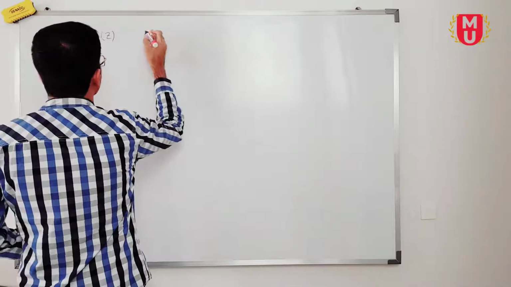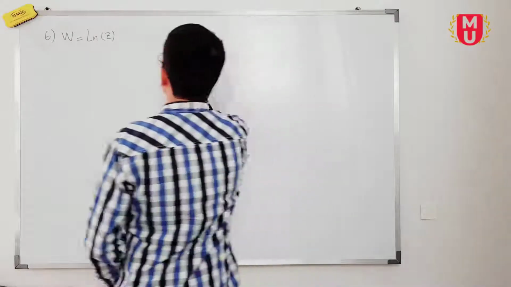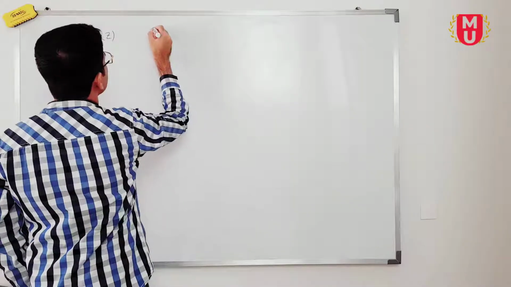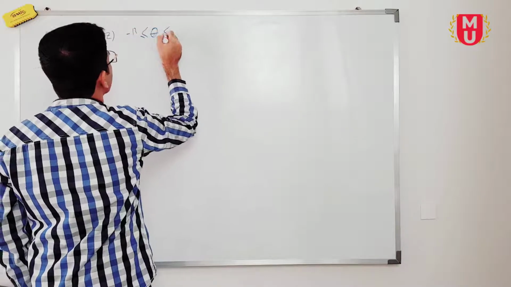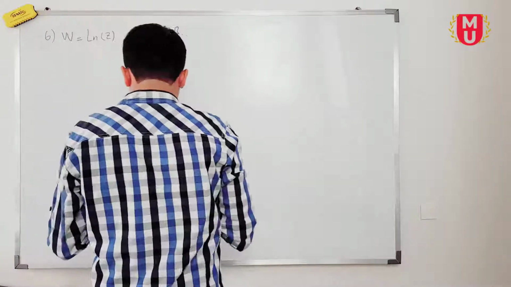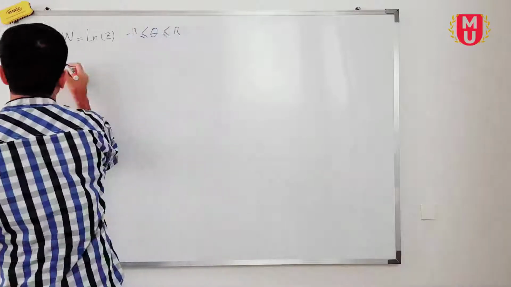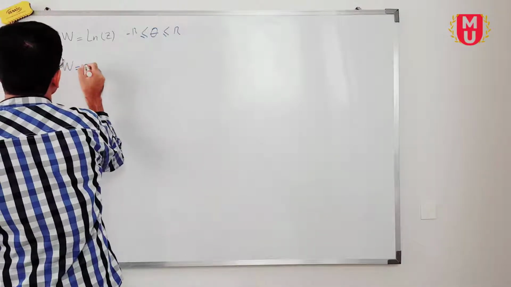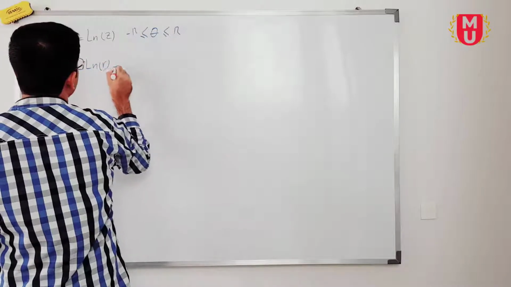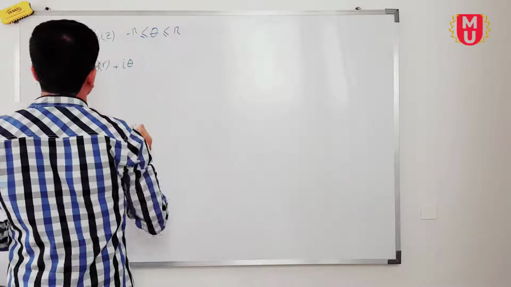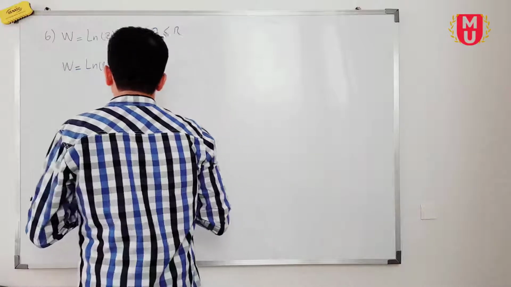I write this down. Theta is limited to minus pi and pi. We open it up like this: w equals natural logarithm of r plus i theta. This is how we do it.